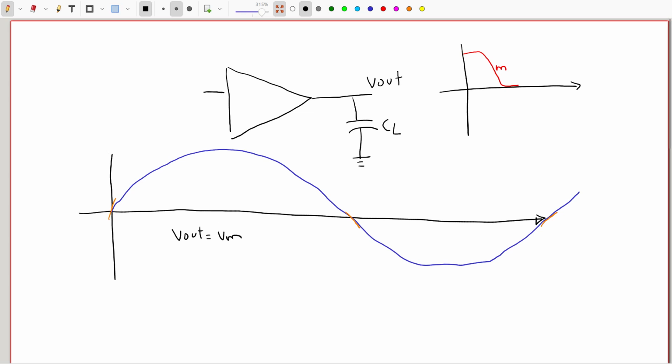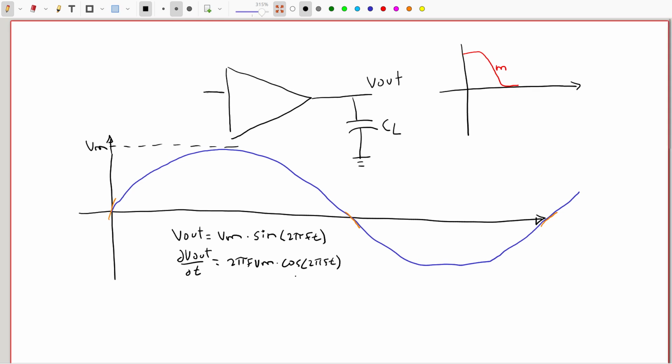If this is the amplitude Vm, this will be Vm sine 2πft, and then we just differentiate this, dVout divided by dt, and that will be 2πf Vm cosine of 2πft.